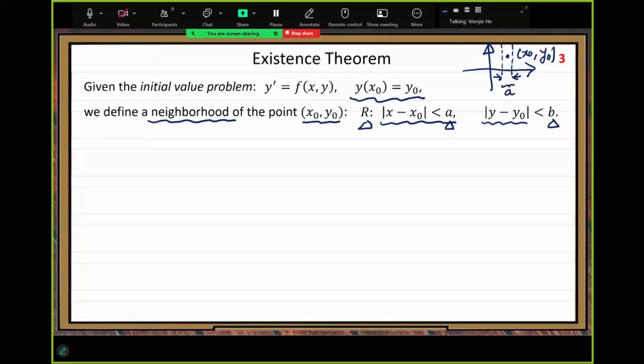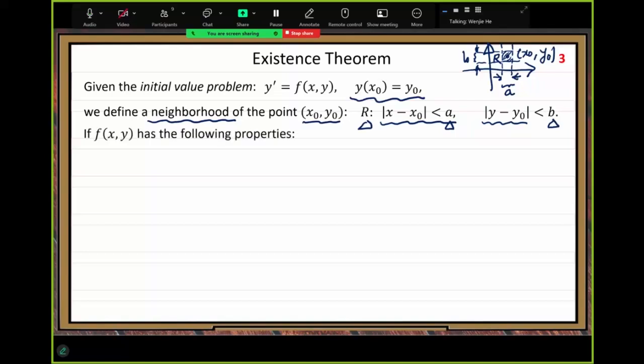For y, the width of this belt is b. And this rectangle is R. The point x0, y0 is at the center of that rectangle. R is a rectangle, and we call it a neighborhood.